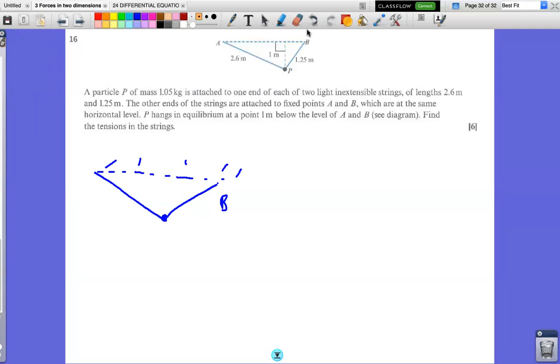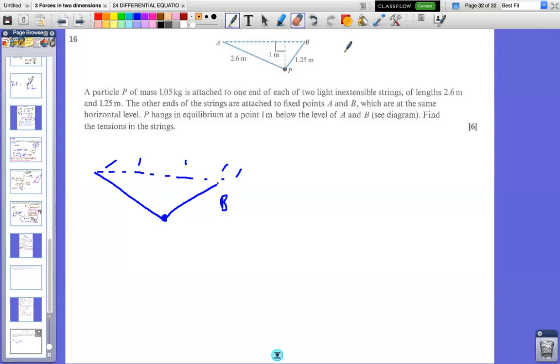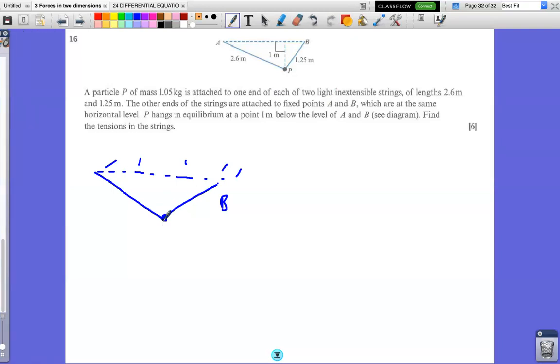Okay. So you have to ask yourself what forces are acting on this object. You have the weight. What is the weight of that object?